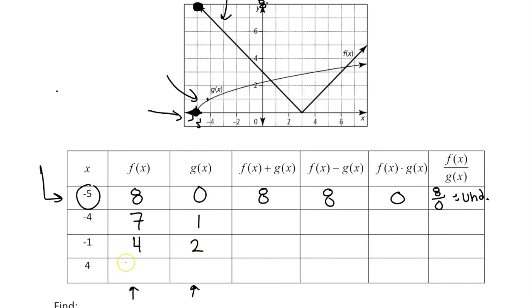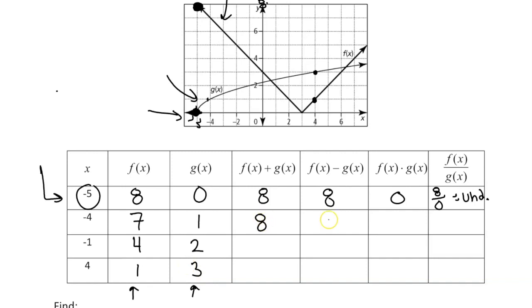And then f of 4 over here. If we're taking a look at our f of x function, f of 4 is 1, and g of 4 is at 3. Based off of that, we should be able to do the remaining parts here pretty quickly.